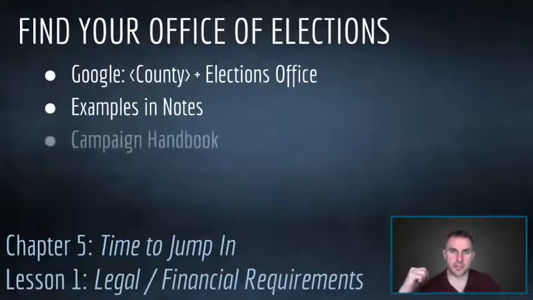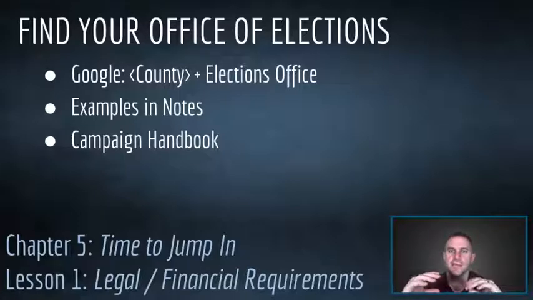The big thing that you're going to be looking for when you find their website is a campaign handbook. It could have a number of different titles, but it'll likely be a PDF document, maybe a Word doc, some sort of document that is a convenient go-to location for candidates for office, covering every regulatory requirement or filing requirement, and any offices they'll need to speak with.